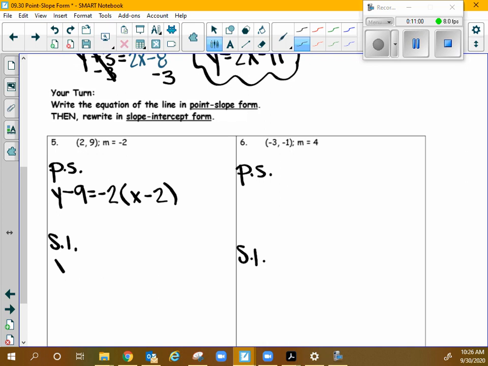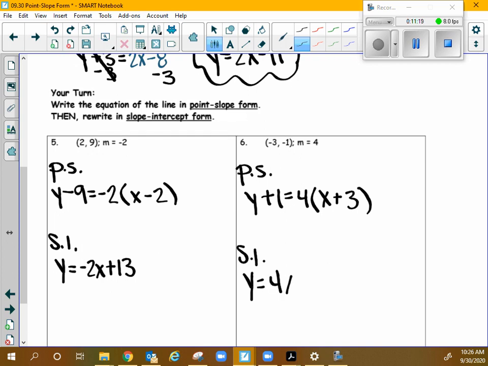Slope intercept. Very good. Number 6, point slope. Very good. Slope intercept. Yes. I got mine.